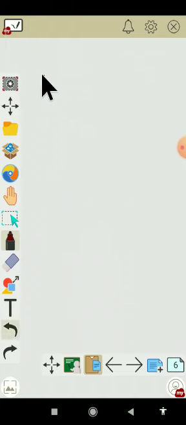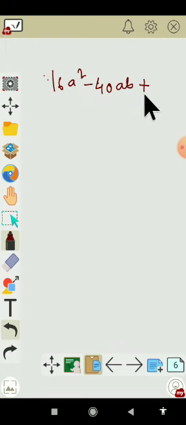Again, if minus is there, suppose the question is 16a square minus 40ab plus 25b square.